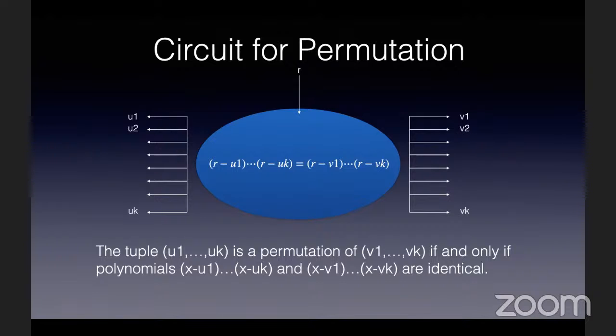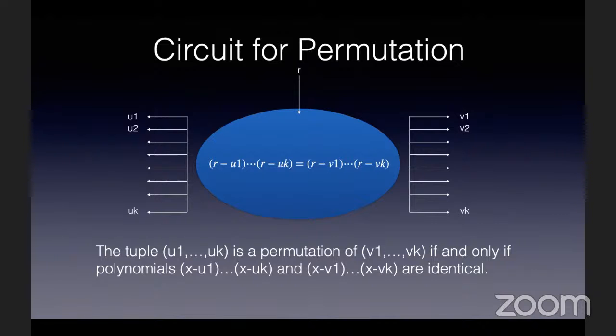Just using add and multiply gates, you can compute the quantity on the left, and similarly compute the quantity on the right, and then check them being equal. It's slightly tricky how to check two things are equal using addition and multiplication, but it can be done. And this check works because if U1 to UK is a permutation of V1 to VK, then the polynomials (X minus U1) through (X minus UK) and (X minus V1) through (X minus VK) are identical.